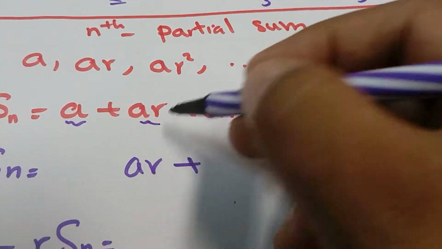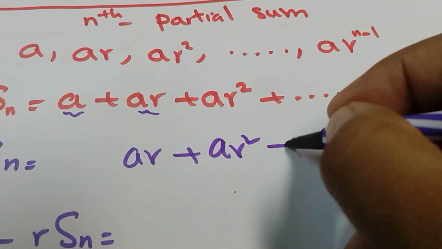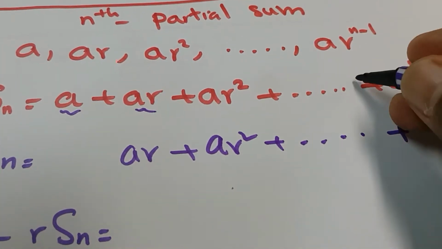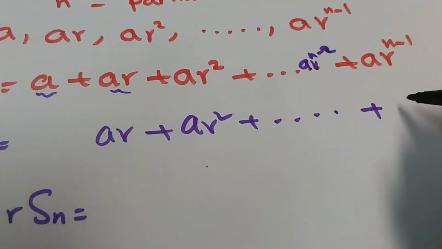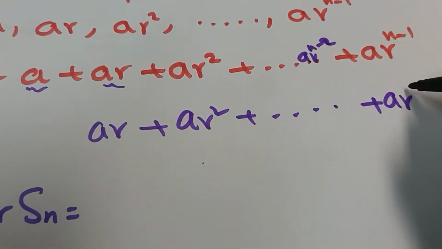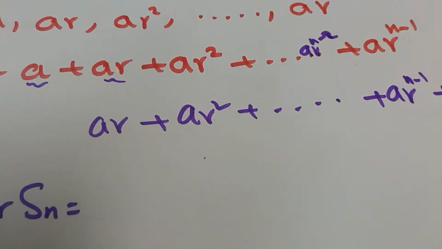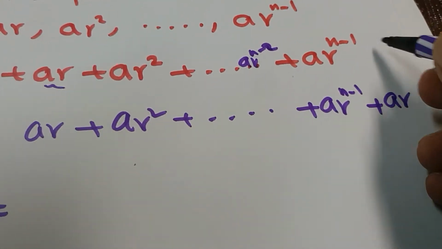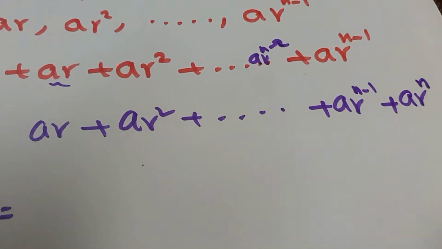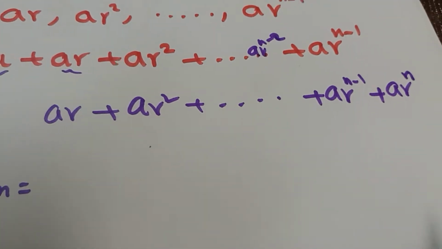Then I multiply this term, I'll get ar cubed, and so on, till the previous term here, ar to the power n minus 2, and if I multiply it by r, I'll get ar to the power n minus 1. The last term is ar to the power n minus 1, and I'll multiply by r, so I get ar to the power n.